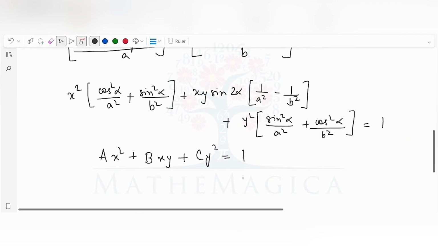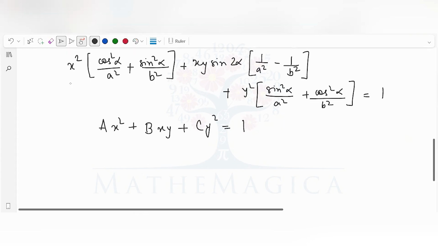Whenever we come across an equation of this form, we can say that this is the equation of a rotated ellipse. In the case of an ellipse which is not rotated, its equation doesn't contain any xy term, but in a rotated ellipse, there is a coefficient of xy.